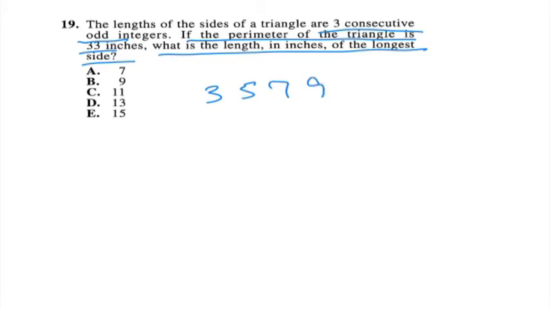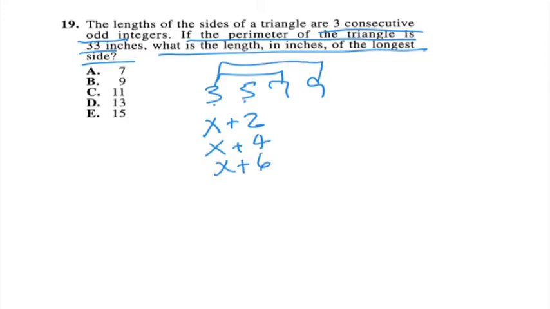I could write this that 5 is equal to my first one, 3, plus 2. The next one going to 7 would be equal to x plus 4, and the next one would have been x plus 6. So we're going to use this to help solve this problem. So when we look at this, x is my first number, plus x plus 2 is the second number, plus x plus 4 is the third number.